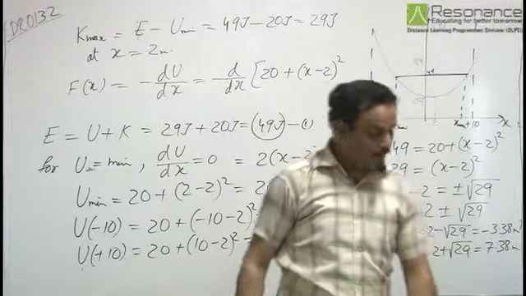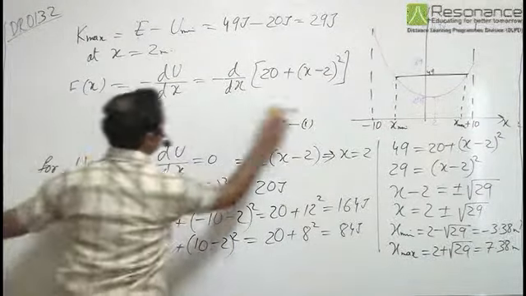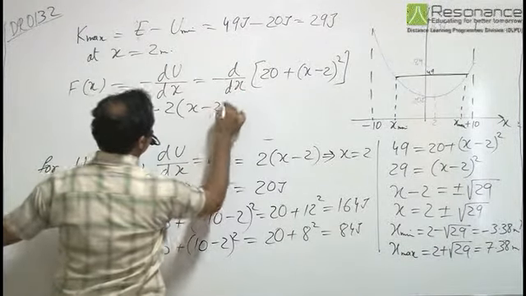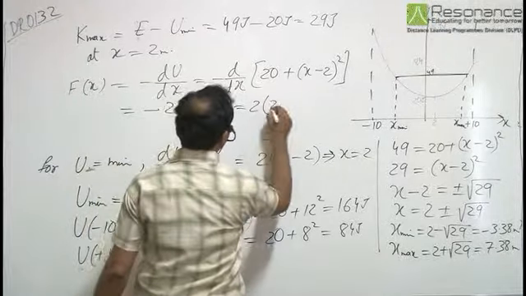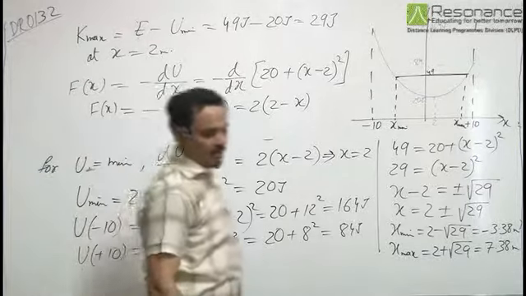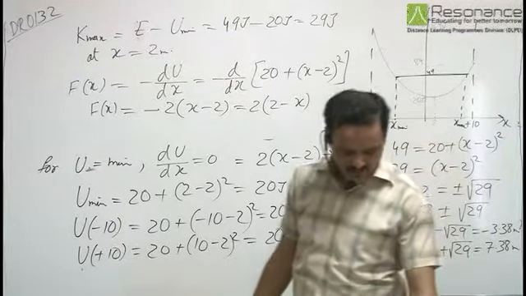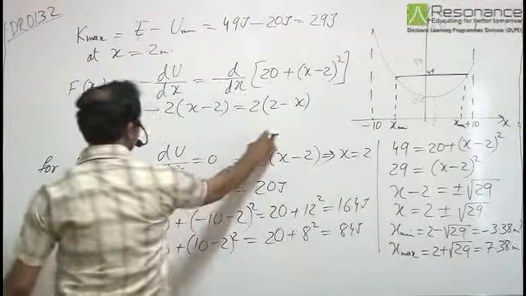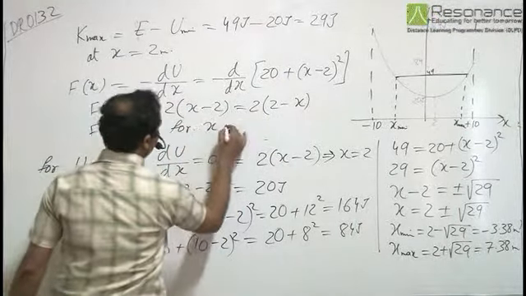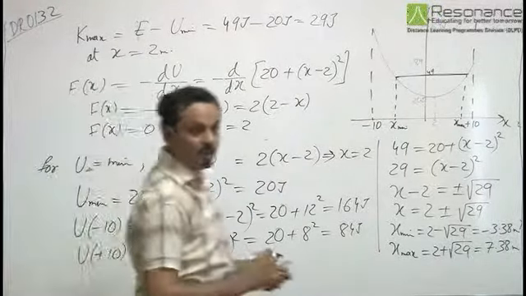Differentiating, we have F equal to minus twice of (x minus 2), or it is twice of (2 minus x). This is the force as a function of x. Now for what value of x is Fx 0? As can be seen, Fx is equal to 0 for x equal to 2. If we put x equal to 2, we get Fx equal to 0.